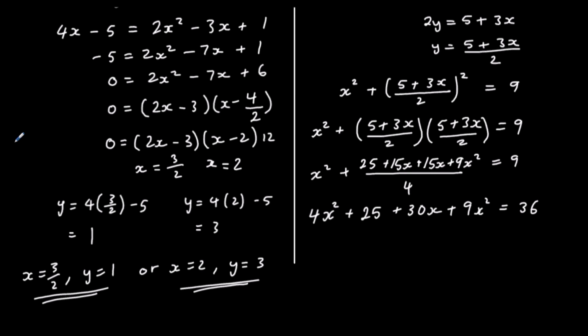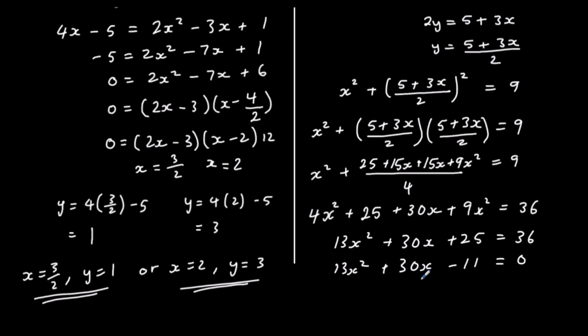Let's collect our like terms. 4x squareds and 9x squareds make 13x squareds. We've got 30x plus 25 equals 36. And it's a quadratic, so we need it equal to 0. So we'll take 36 away from both sides, which will give us 13x squared plus 30x minus 11 equals 0.